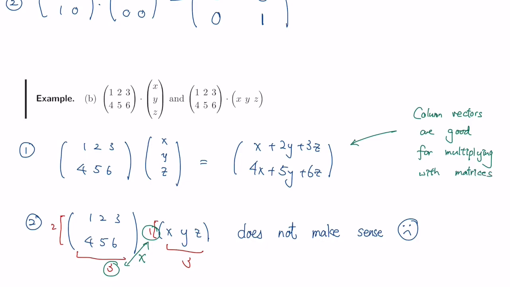That's why the notation of column vectors is also widely used in many contexts, especially in the context of linear algebra, because they can multiply with matrices naturally. Okay, so let me put a box here.